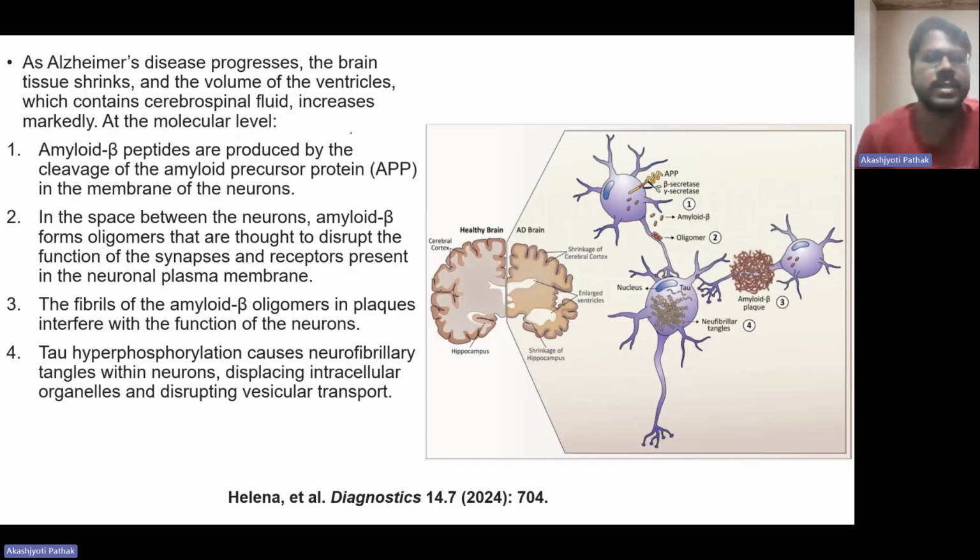So let's understand this disease. Alzheimer's disease, as this disease progresses, just give me a second.